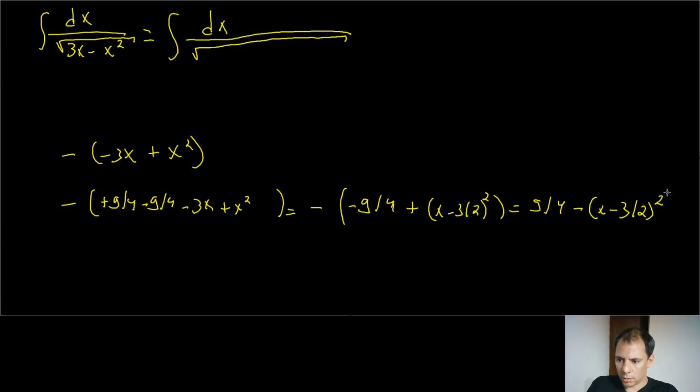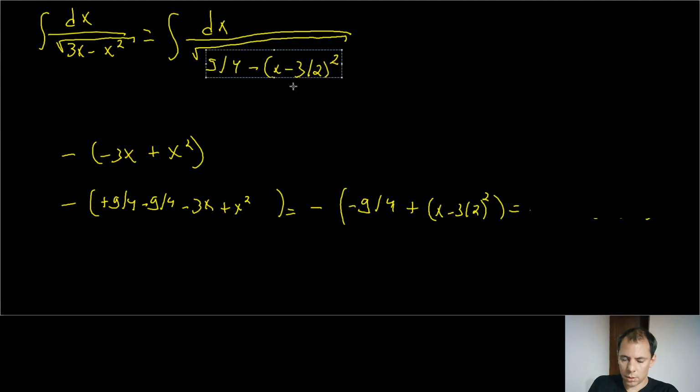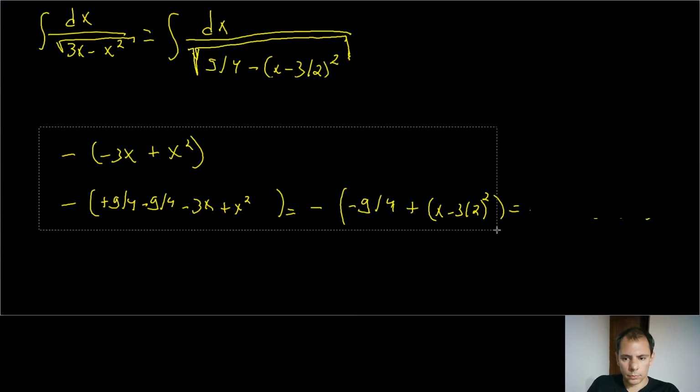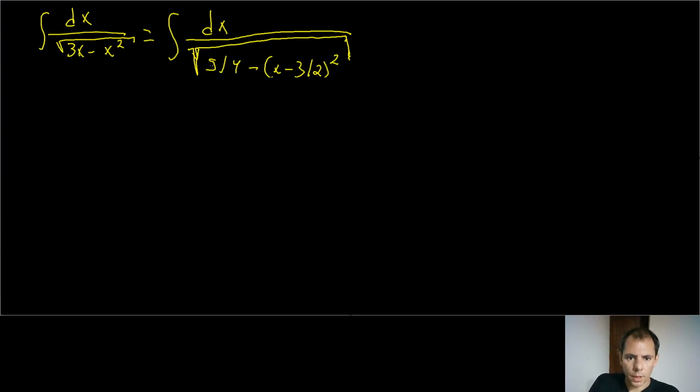I'm going to put it very close like this. Kind of like that. Okay, here's the square root of all this thing. Now what you can do, this is going to be 3 divided by 2 squared.